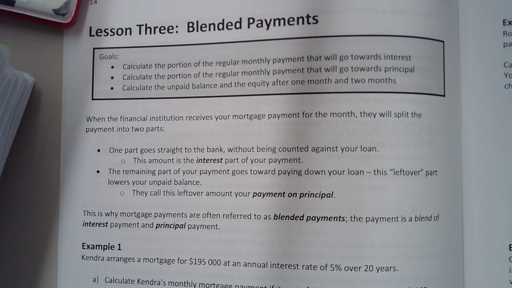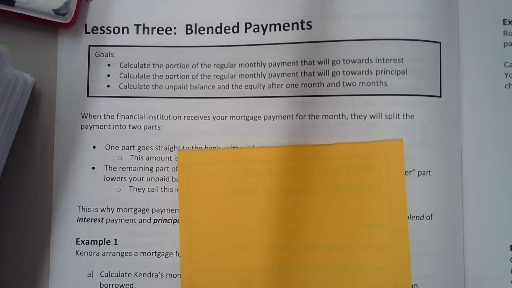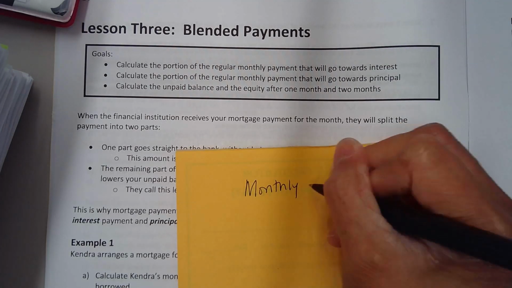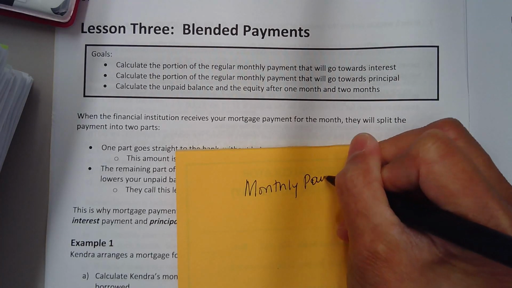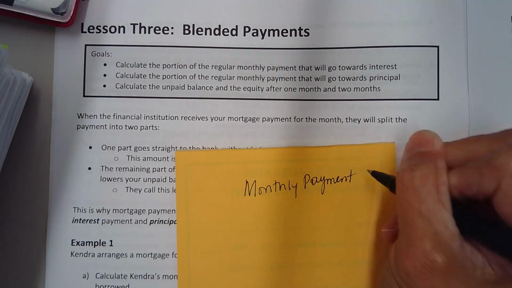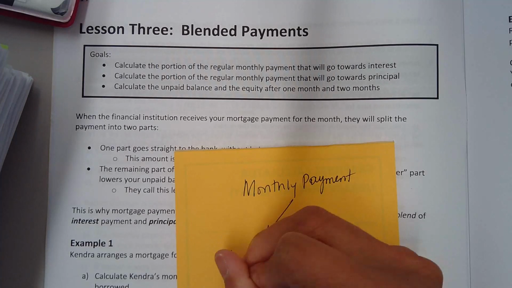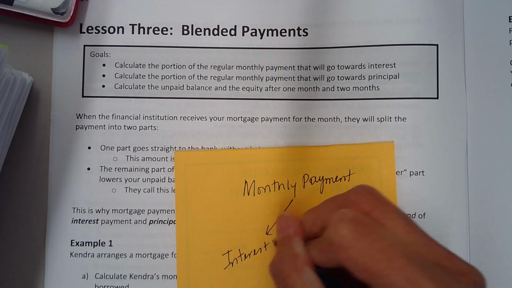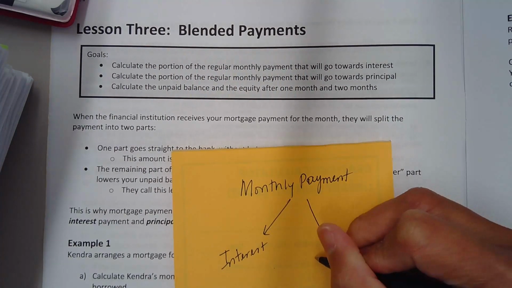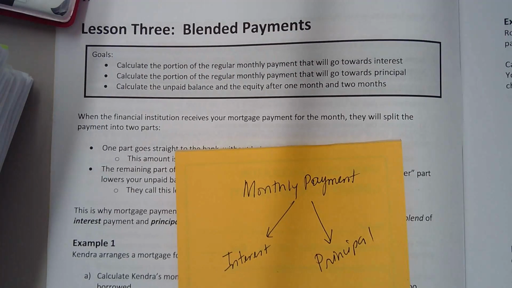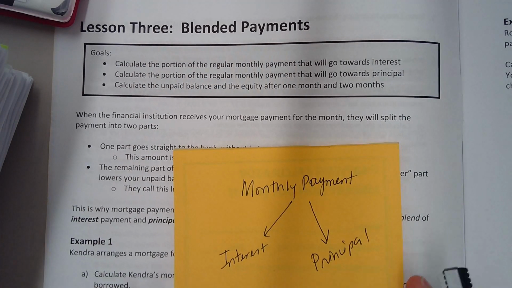It says here, when the financial institution receives your mortgage payment for the month, they will split the payment into 2 parts. Part of our monthly payment goes to the interest, and part goes to the principal, and that will lower our loan.